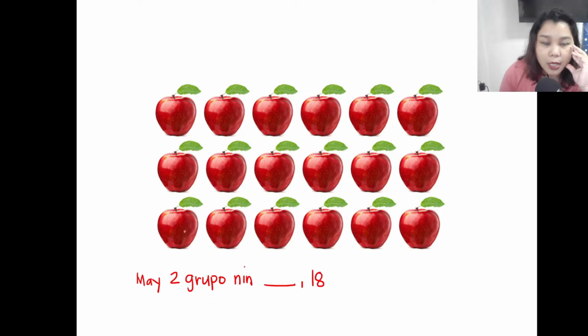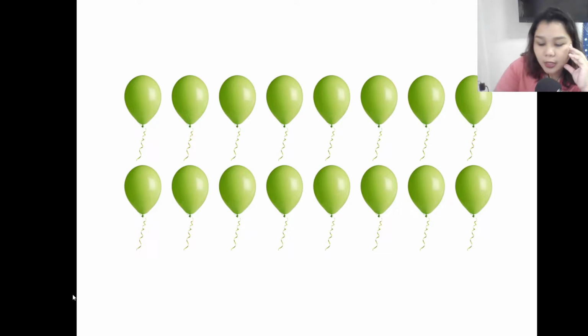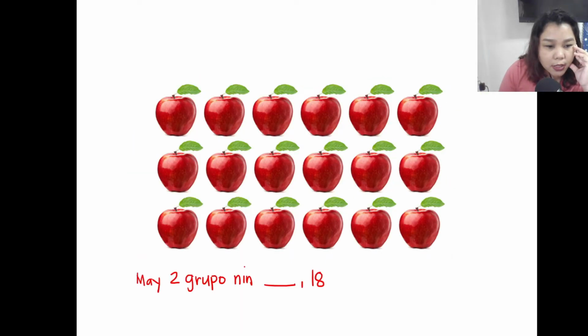Okay, so kung in case gusto mo siyang hatiin para makita mo, kapag duwang grupo saan ka mabanga, patayo ba or pahiga? Okay, try to locate the middle part kasi duwang grupo lang, ibig sabihin nasa gitna siya. So, hindi siya pwedeng pahiga kasi there are 3 rows. Pag patayo naman, pwede siyang hatiin kasi nasa gitna.